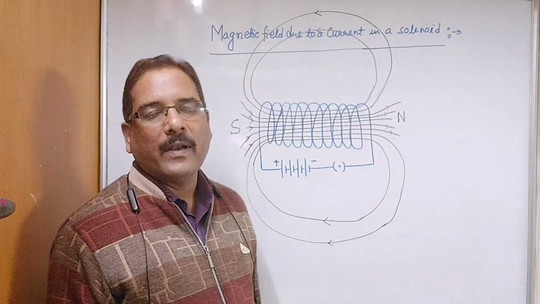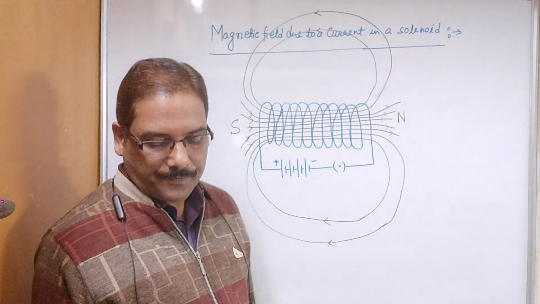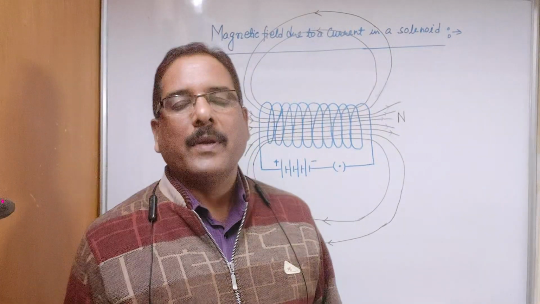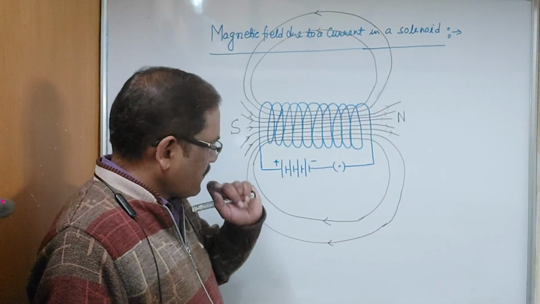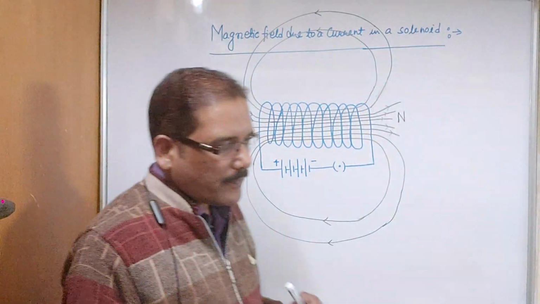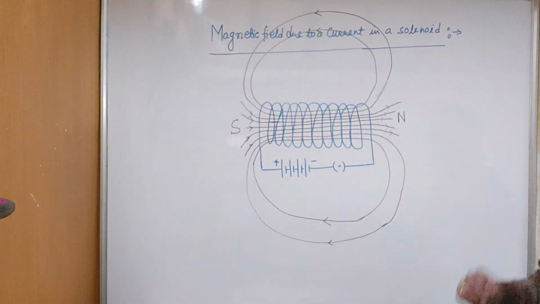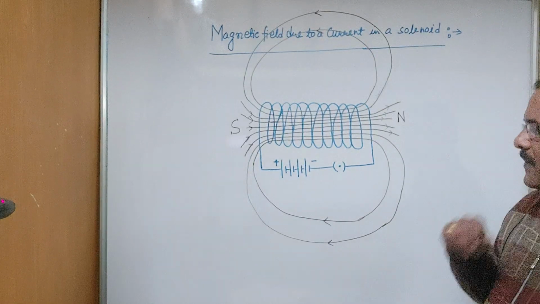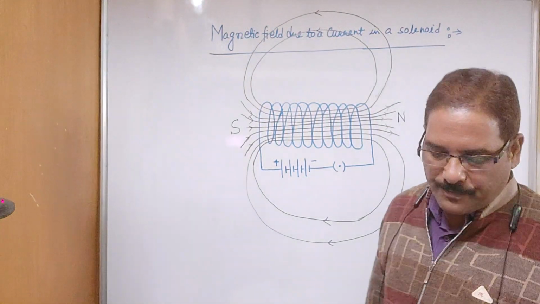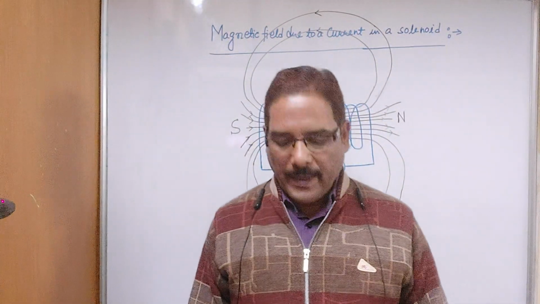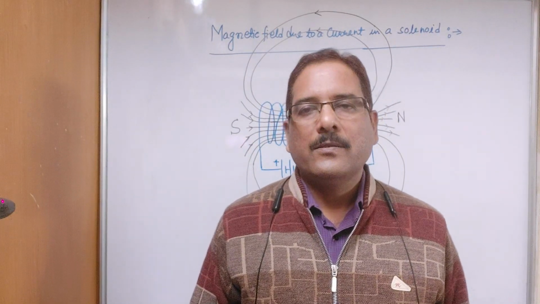A strong magnetic field produced inside a solenoid can be used to magnetize a piece of magnetic material like soft iron.